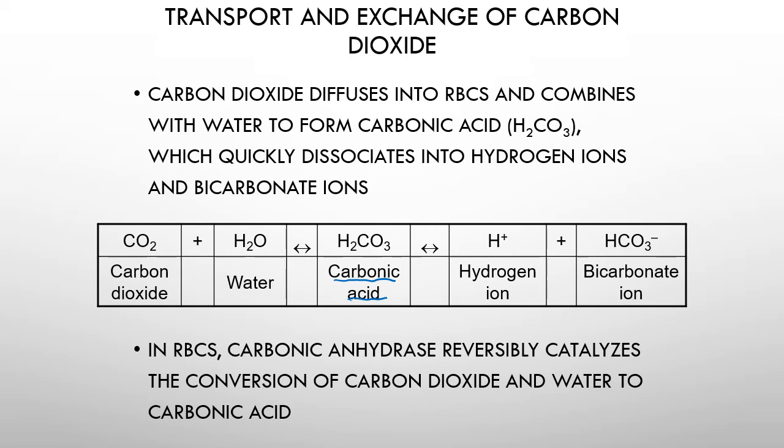So now we've lost that hydrogen ion. The bicarbonate can now move into the plasma. And so we're going to have this process going back and forth and back and forth. In order to do so, we do need an enzyme present, and that enzyme is carbonic anhydrase, and that's going to catalyze that movement of carbon dioxide and water to the carbonic acid itself.